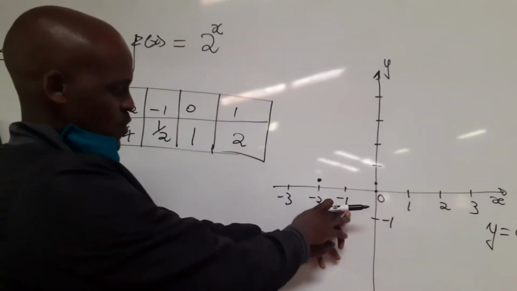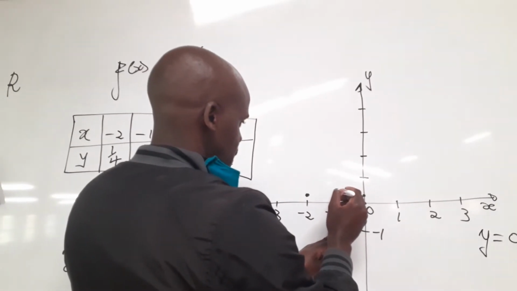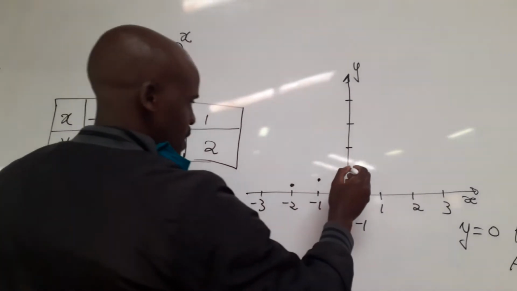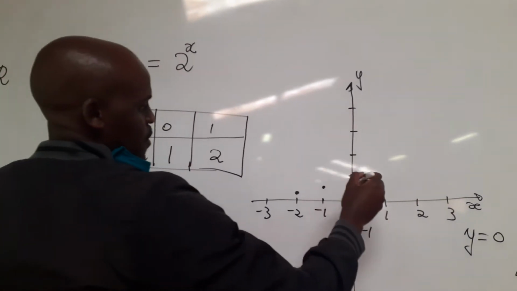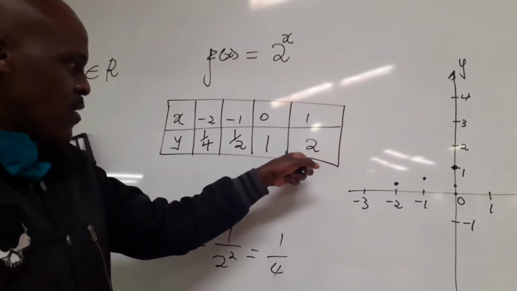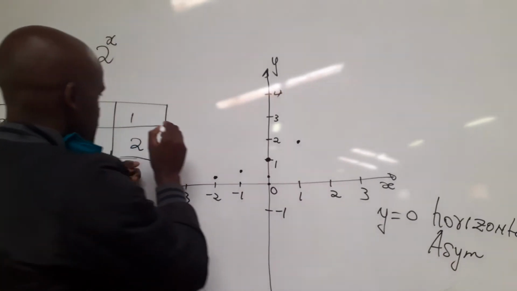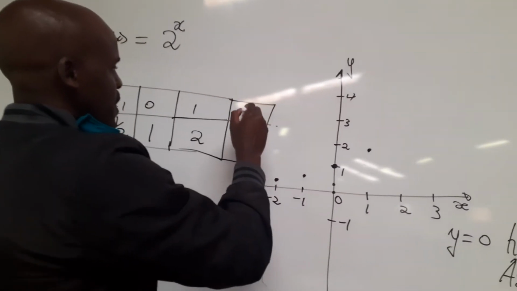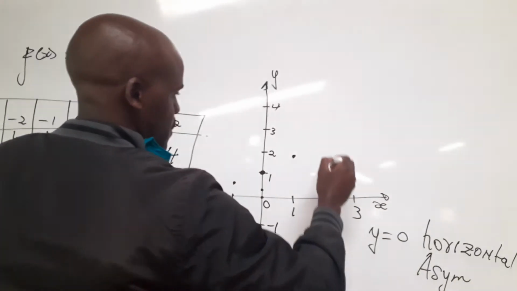If x is equal to -1, y is equal to 1 over 2, that's half. And then if x is 0, y is equal to 1, there it is. If x is equal to 1, y is equal to 2. Right, let's put 2 also in our table. If x is equal to 2, 2 squared is 4. Therefore, it goes there.